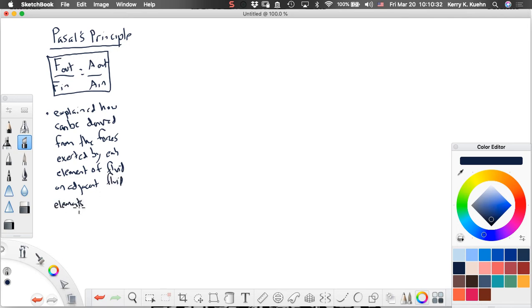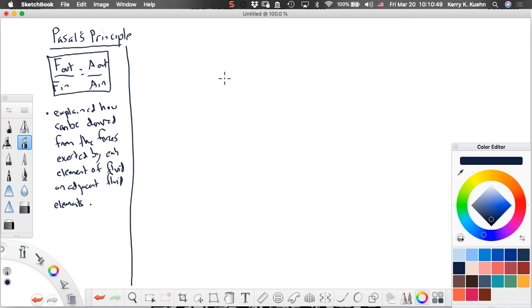And before I go on to explain another way of deriving Pascal's principle, I think it's probably worthwhile to pause and think a little bit harder about what's going on. So this is a little bit of review, but it's also maybe introducing some new concepts.